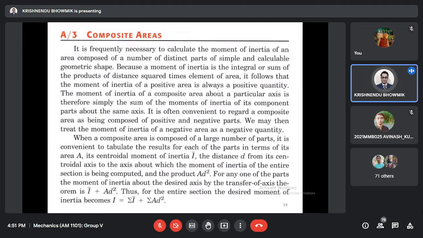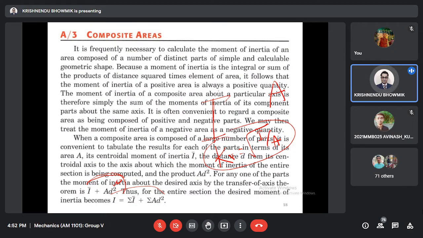We can calculate dx, dy or dz or r. Then we will use this expression: Ix equal to I centroidal plus A d square for individual part. Then we can have all the summations. Once we get all summations of I and we know all values of A, then we can calculate kx, or k equal to square root I by A, the radius of gyration.